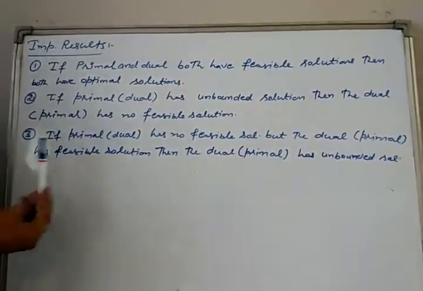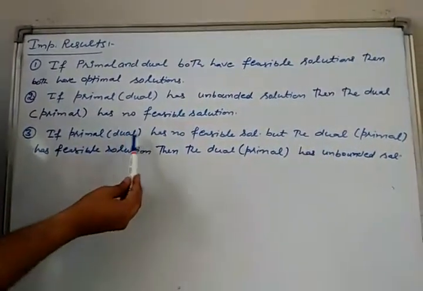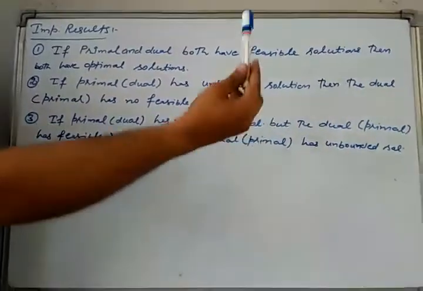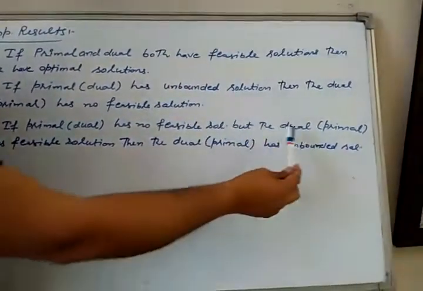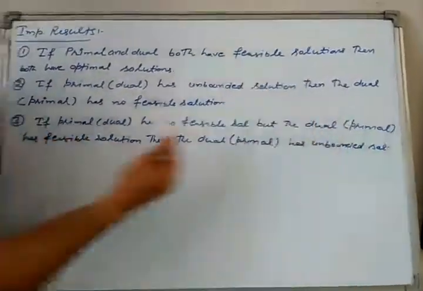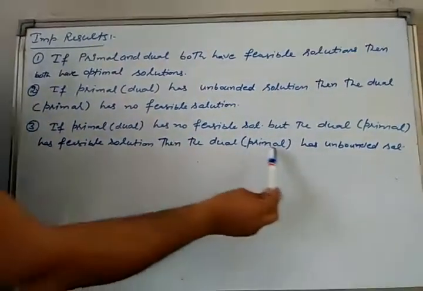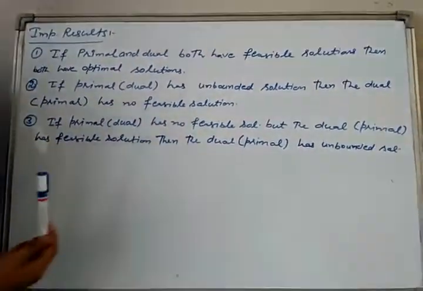And the third point is, if the primal or dual has an infeasible solution and the dual or primal has a feasible solution, then the dual or primal has an unbounded solution.